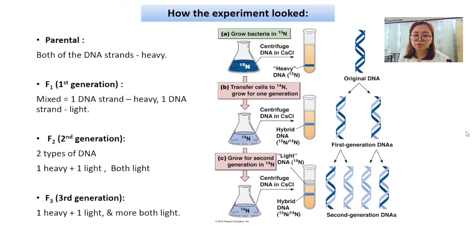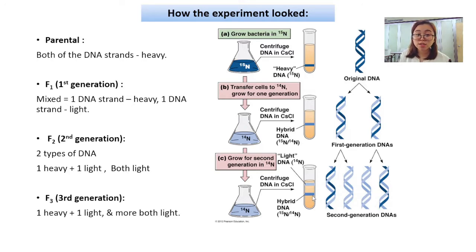In the second generation, after we allow this to grow for one more generation, it's going to produce 4 strands of DNA of the same copy. And then you will see that these are half 15N, half 14N. These two in the middle are only 14N.